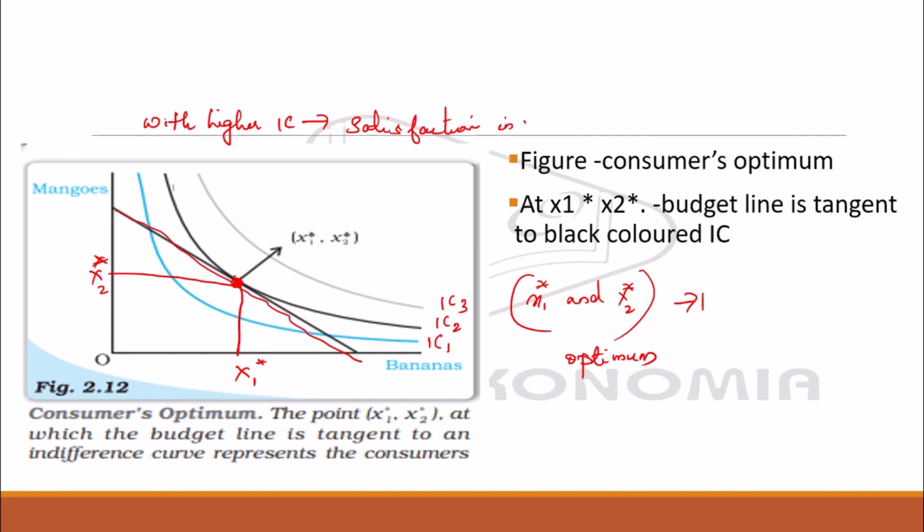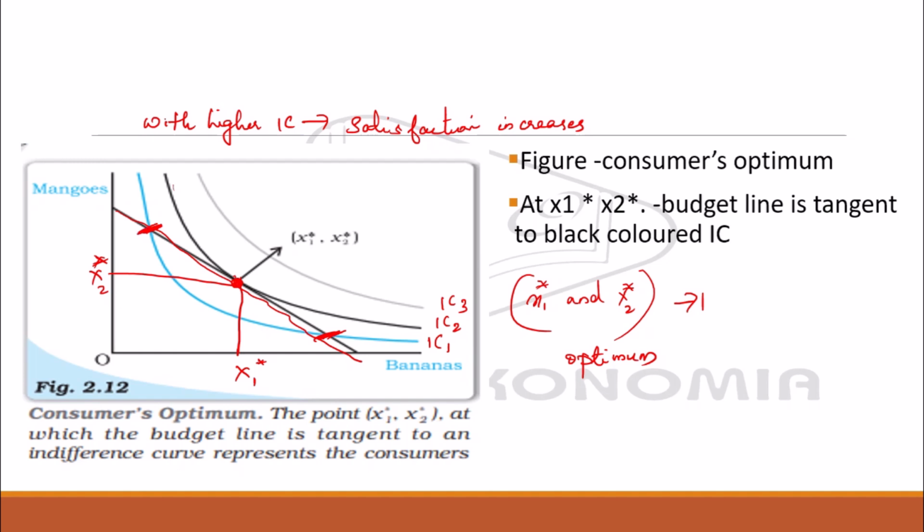So if you move to a higher IC, you have increased satisfaction. You could see that the budget line is touching your IC1 at 2 points, isn't it? But these are not the tangency point where the slopes are equal. These are just the intersection points.